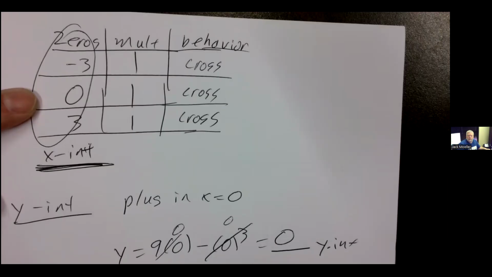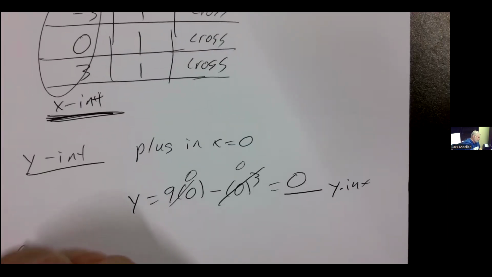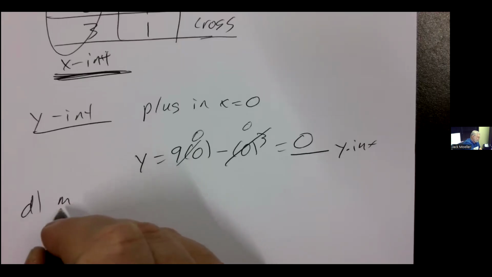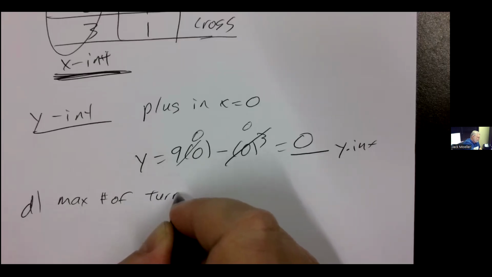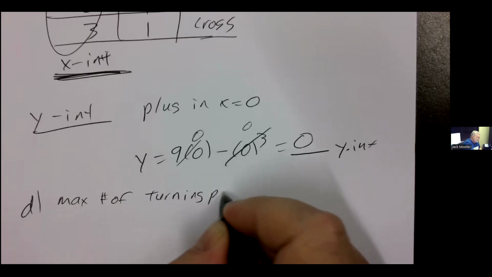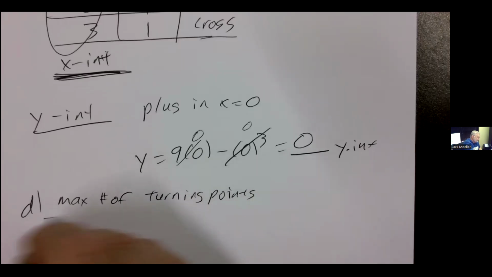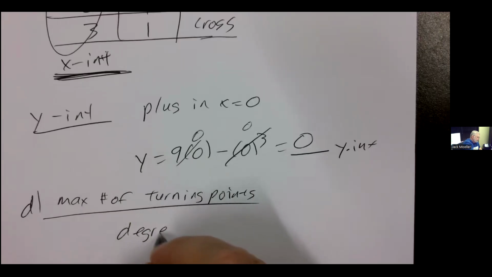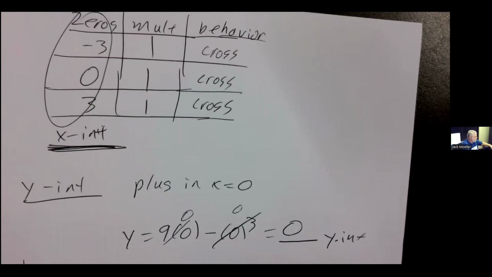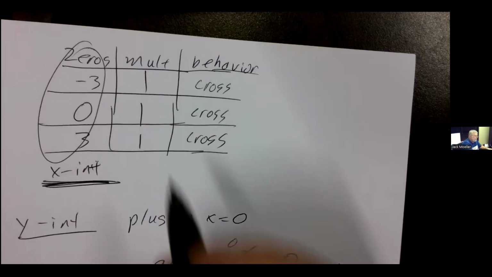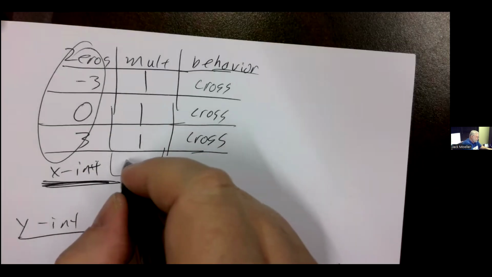Determine the maximum number of turning points. On this, you just have to remember that that is the degree minus 1. And the way that you get the degree is, if it was in factored form, you have to add these up.